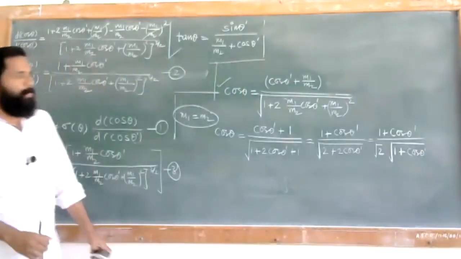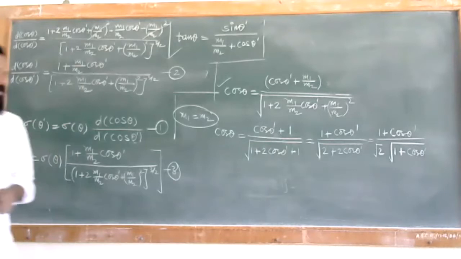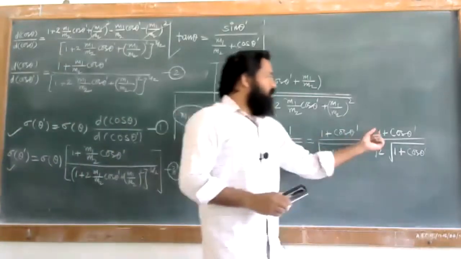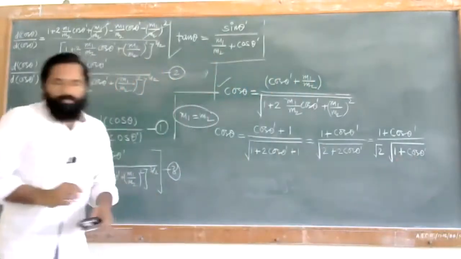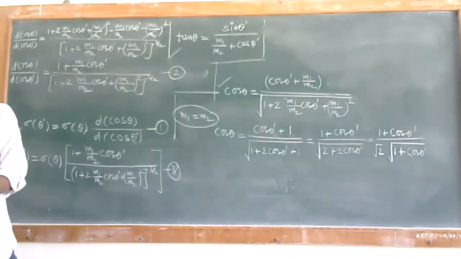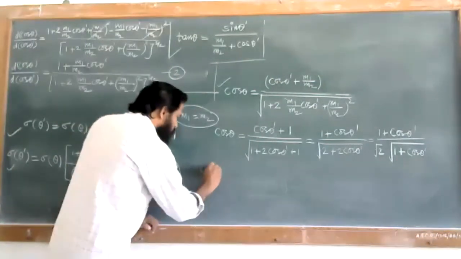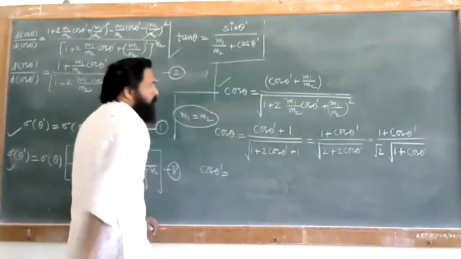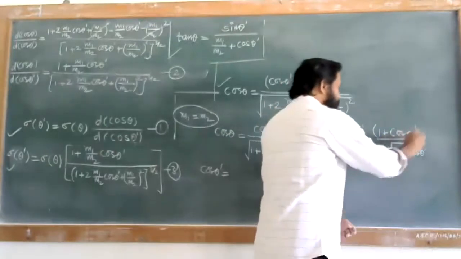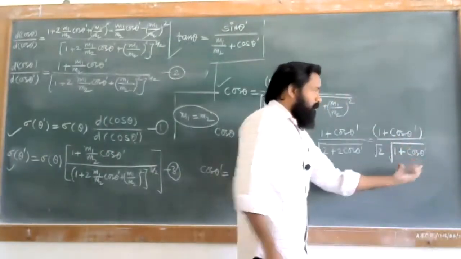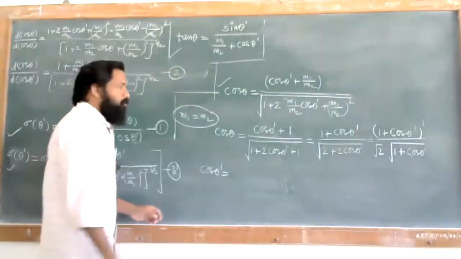Check whether everyone follows, cos of theta is equal to cos of theta dash plus 1. So we have the term 1 plus cos of theta dash divided by the square root of 1 plus cos of theta dash. So what is the value for this? We can write this, that is equal to cos of theta, one term divided by this, raised to power 1, and the square root of 1 plus cos of theta dash.